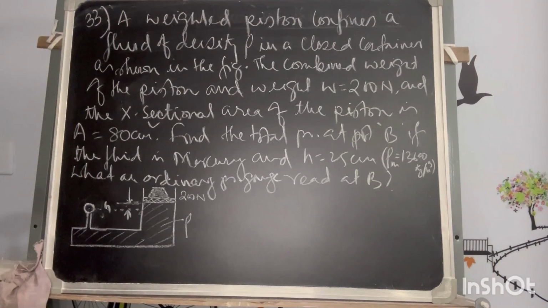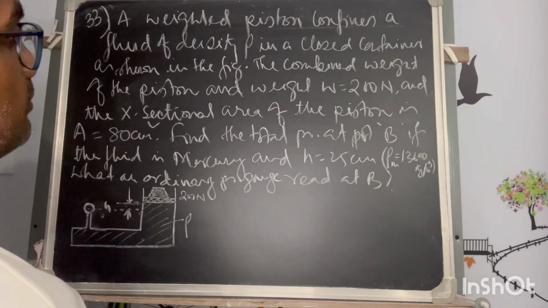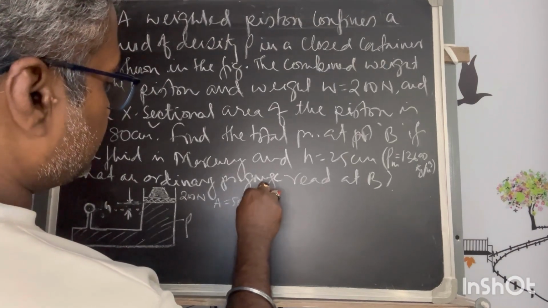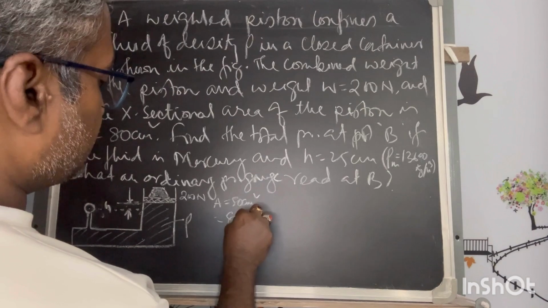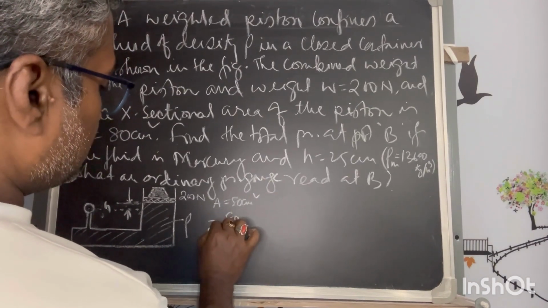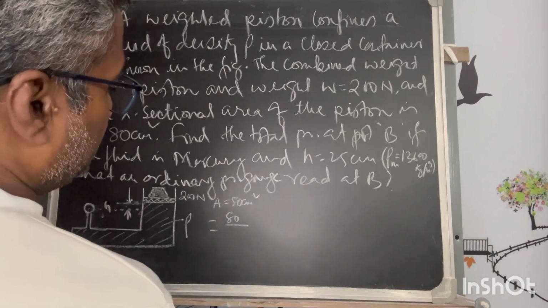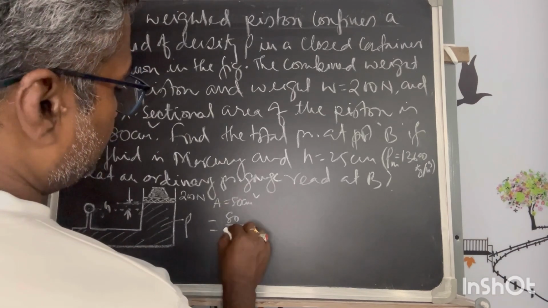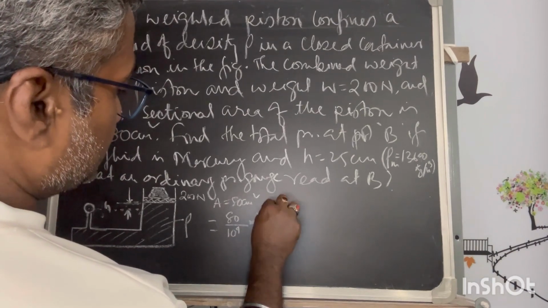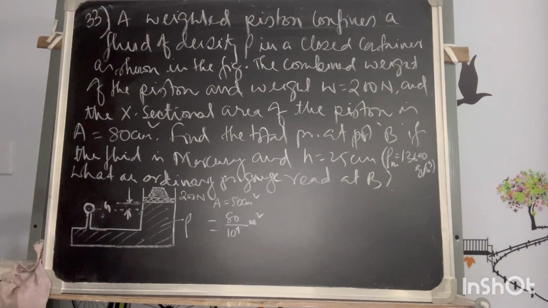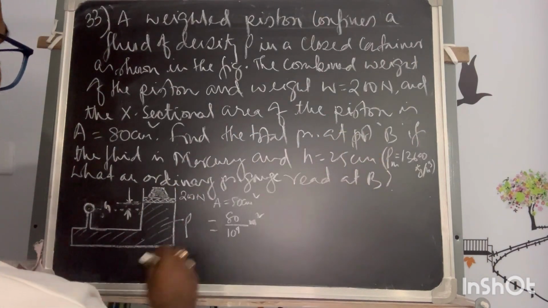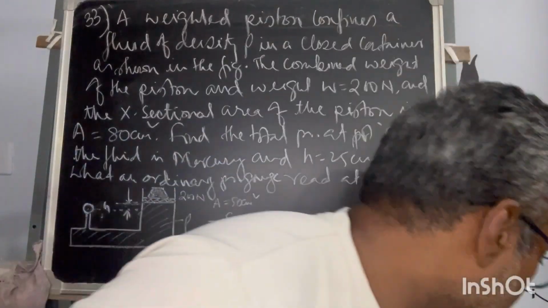And the cross section of the piston is 80 centimeter square. If I convert into meter, 1 centimeter is 1 upon 100 meter, so this much of meter square. Find the total pressure at point B. Where is point B?